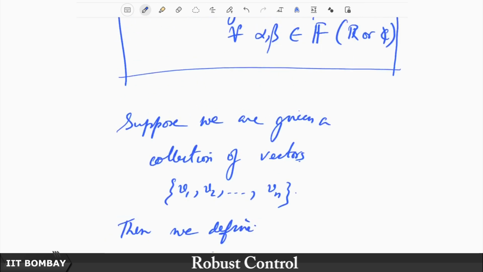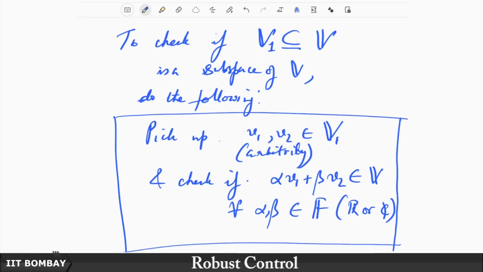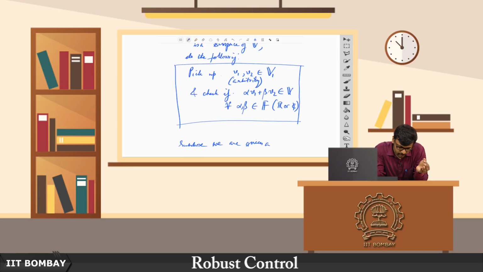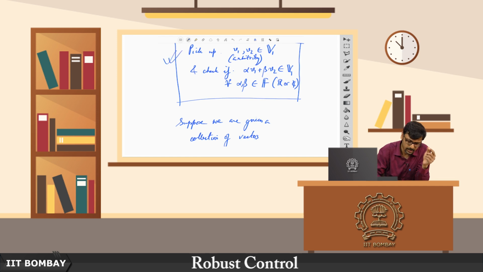If you pick them arbitrarily, without assigning them any special property, and this holds for any two arbitrary members, that you take them, multiply them by any two scalars, and then add them, and if they also belong to this putative subspace, which is up until now just a subset, then what you have on your hands is essentially a subspace.